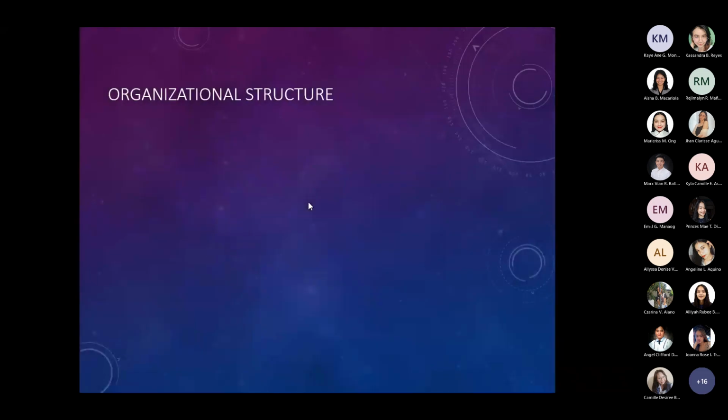Sa organizational structure, ano naman po yung dalawang klaseng organizational structure? Sa organizational structure, it is useful in accounting information system. Kasi dito mo makikita yung flow. So, kahit hindi mo pa nakikita yung AIS, organizational structure muna, nakikita mo na agad dyan.